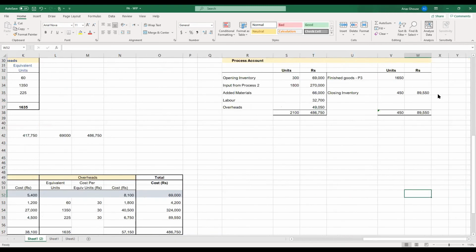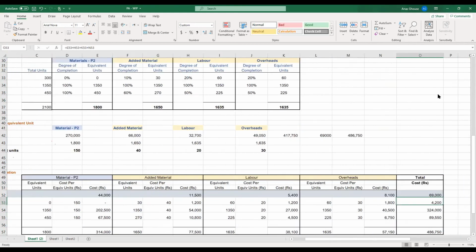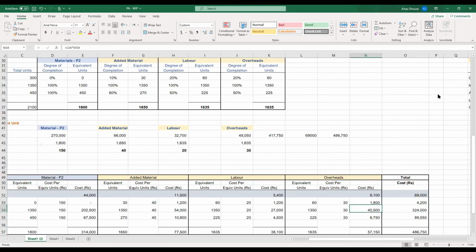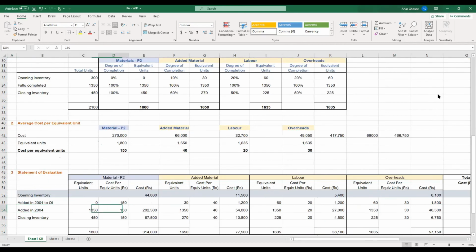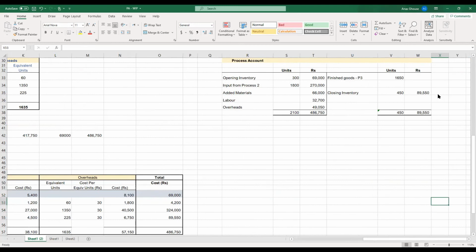The cost for finished goods, which is 1,650, consists of the opening inventory brought forward balance and the remaining cost incurred in process 3 for the opening inventory. So those will be completed first. Then fully completed 1,350 in process 3. So the total will be 397,200. That will be the finished goods value.